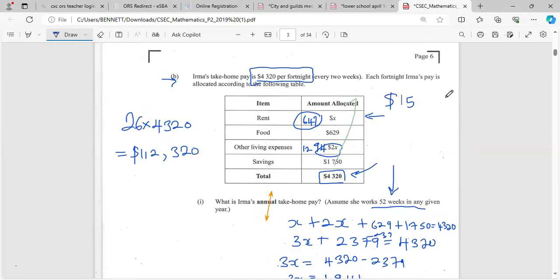So guys, this is the target that you want to cover, 150,000, and they want to see how many years it would take for her to reach that with savings of 1,750 per fortnight. Like only 5 years.